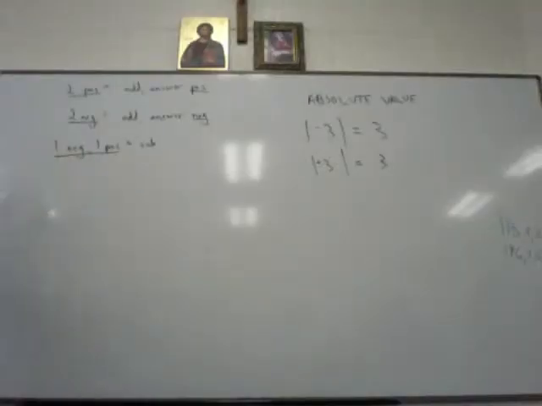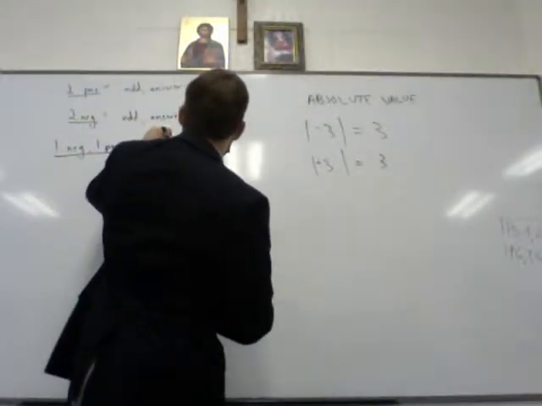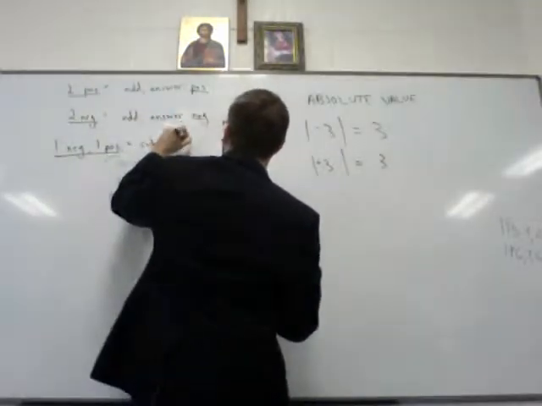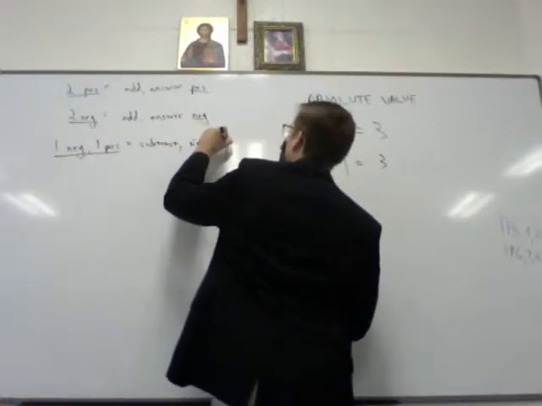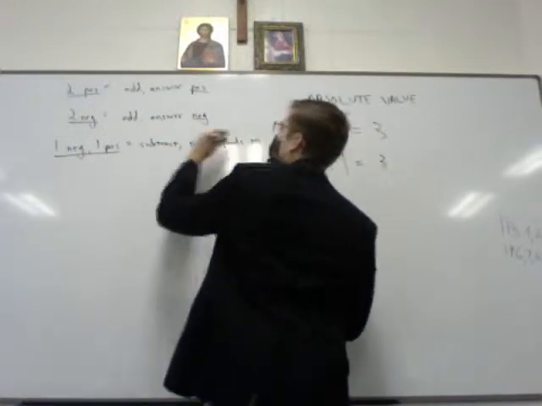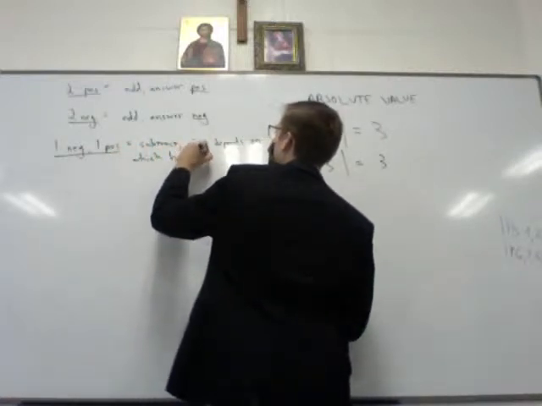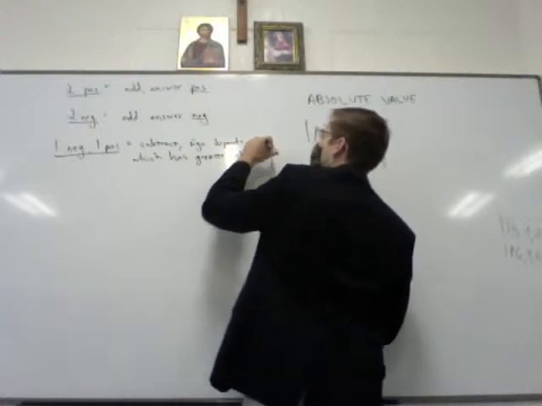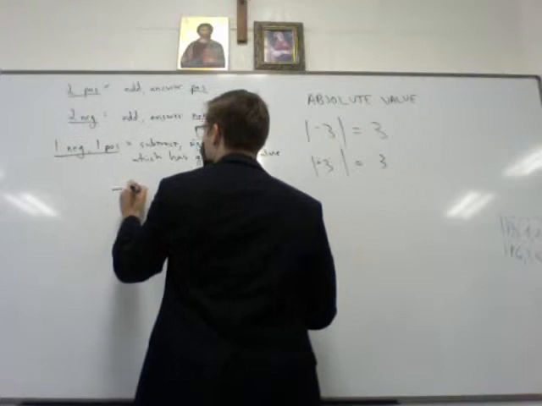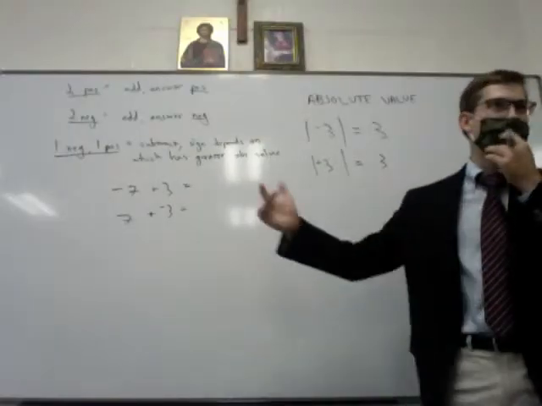So when we've got a negative and a positive, we're actually going to subtract the two of them. And the answer's sign will depend on which has a greater absolute value. So for negative 7 plus 3, and 7 plus negative 3, we're going to subtract the absolute values of these numbers.